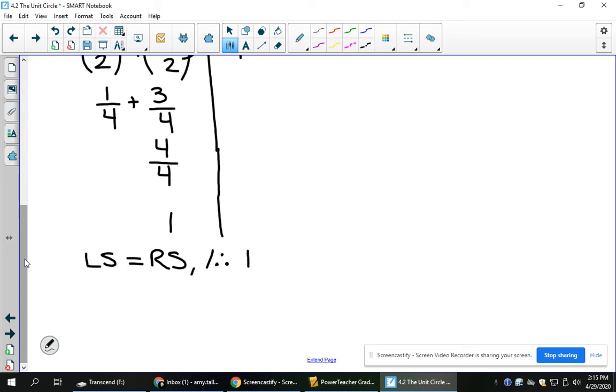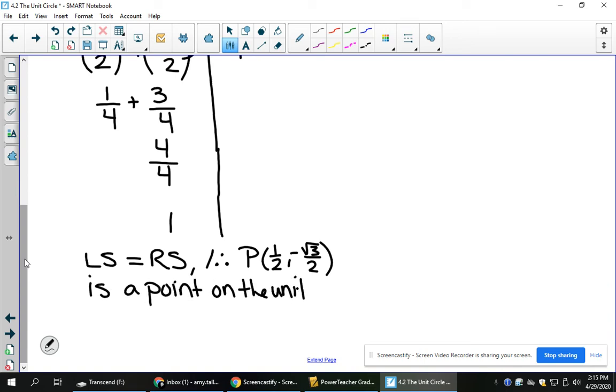Therefore, P, my point that I was working with, is a point on the unit circle. The math worked out. I got one side to be 1, the other side to be 1. It's kind of like when we verify stuff. So I can conclude that what I was trying to show was true. The point P is a point on the unit circle.